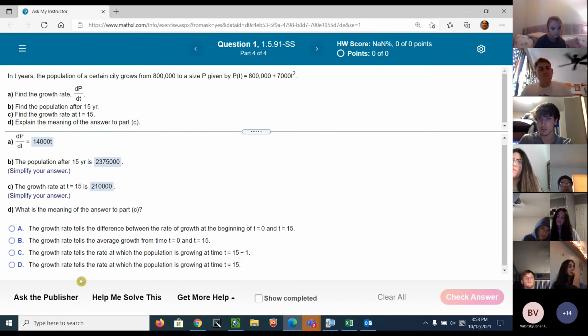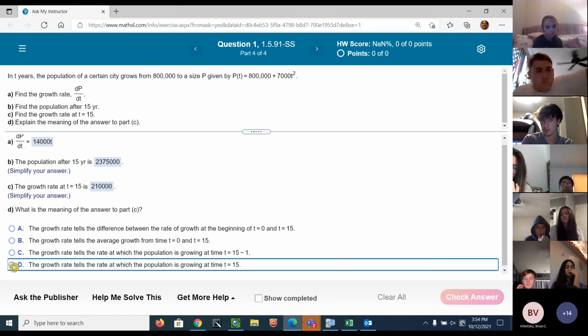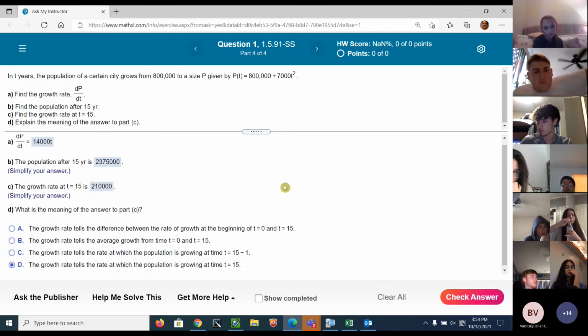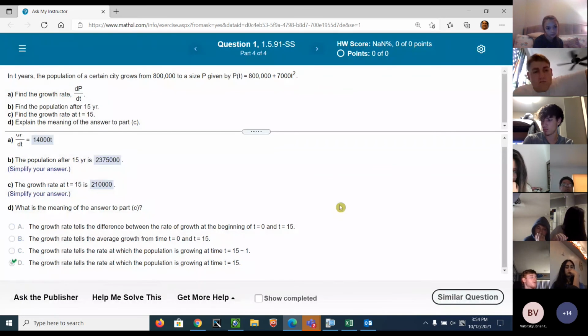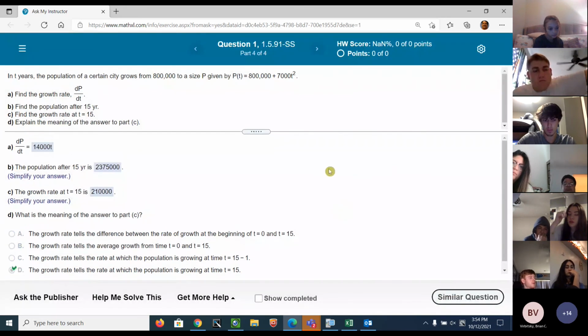So the growth rate tells the rate at which the population is growing. Yeah, that's true. I think it's D, but some of these Philadelphia lawyer questions can get you messed up. That's a good homework question, but it's not a good test question.